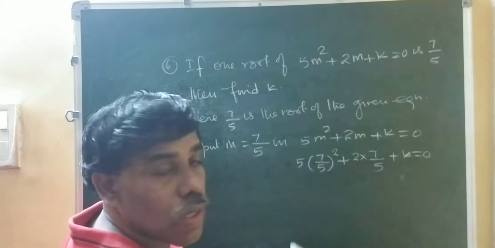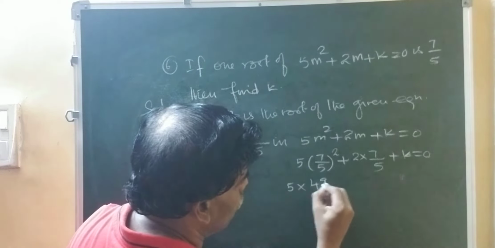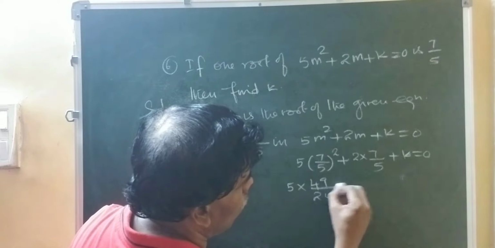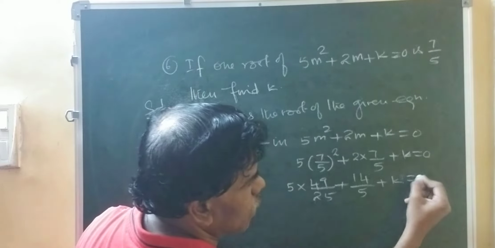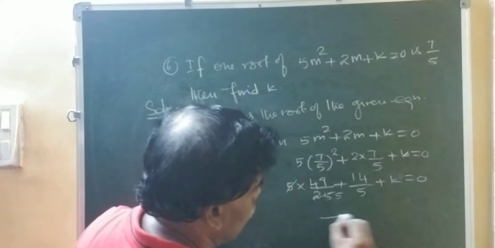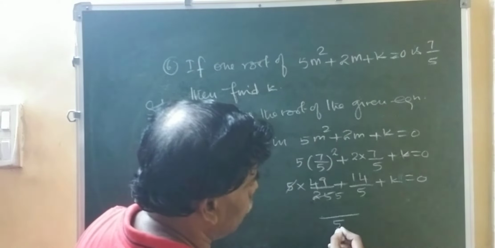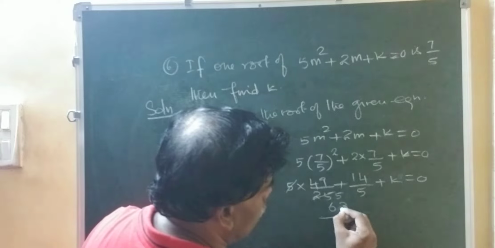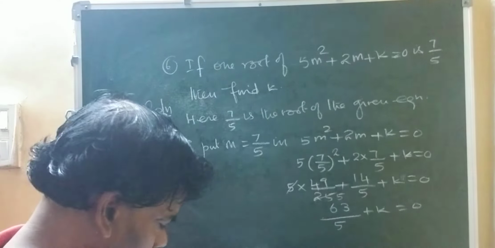Okay, 7 7s are 49, 49 upon 25 plus 14 upon 5 plus k is equal to 0.